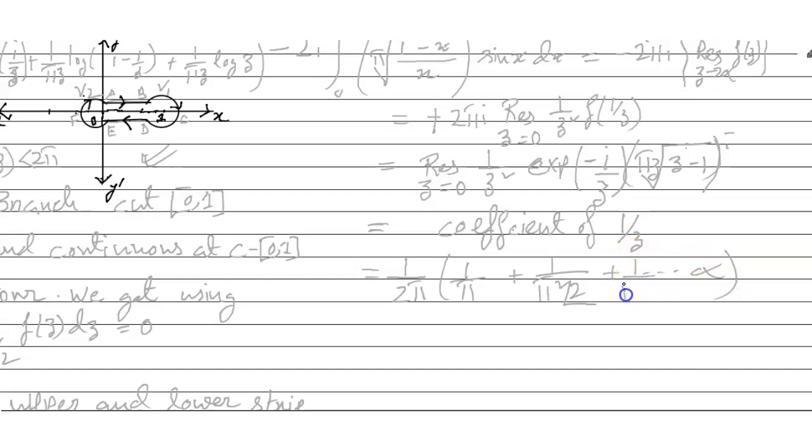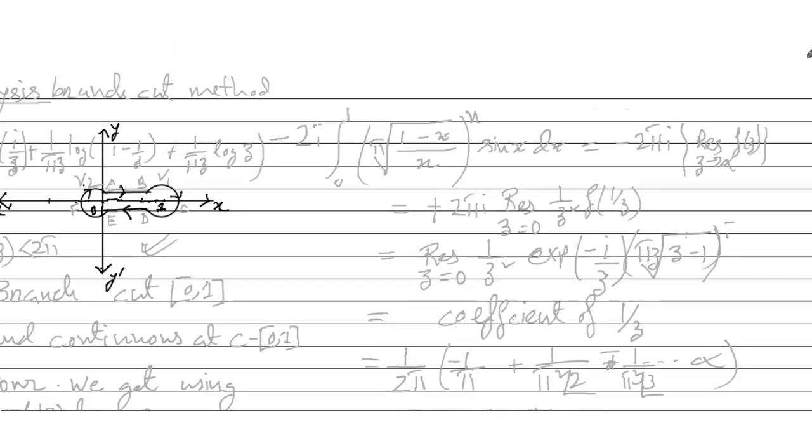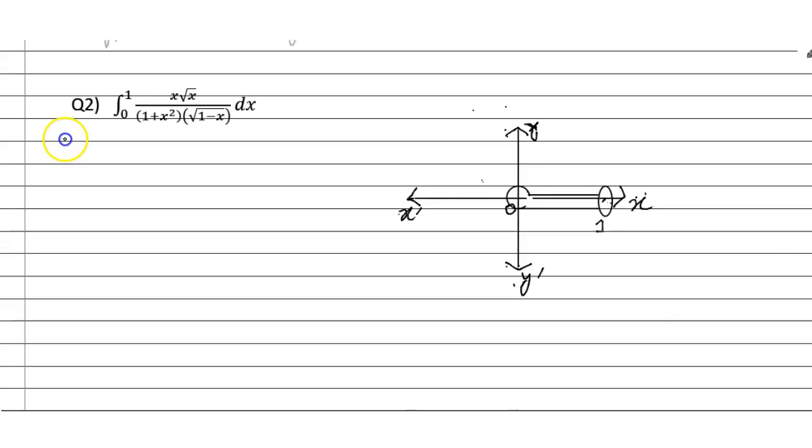We can get 1 by pi cube divided by 3 factorial, and we can get 1 by 2 pi exponential, it should be minus. So exponential minus 1 by pi. This value we can get. If you check, if we expand this series, then we can get this value. I hope I can clear this concept very well. Next, question number 2.